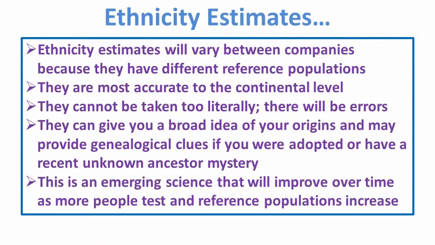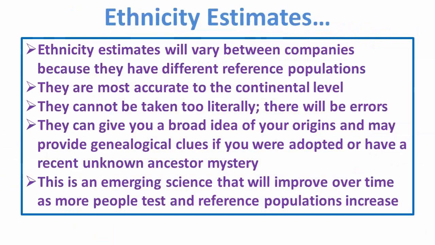So ethnicity estimates will vary between companies because they have different reference populations and algorithms, and they're most accurate to the continental level. Don't take them too literally. There will be errors, but they can give you a broad idea of your origins, and they might provide genealogical clues, say if you were adopted or have a recent unknown ancestor mystery and you don't know what your ethnicity really should be.